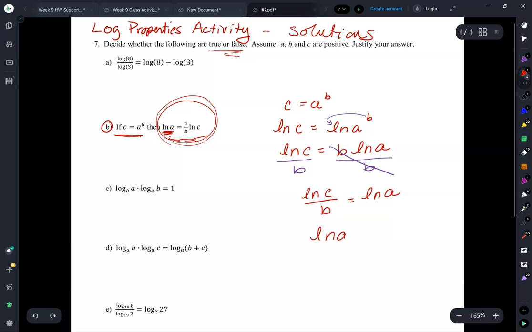So ln a on the left hand side, and then I'm going to take this ln c over b and write it instead as 1 over b, because dividing by b is the same as multiplying by 1 over b. So that proves that that is true on that one.